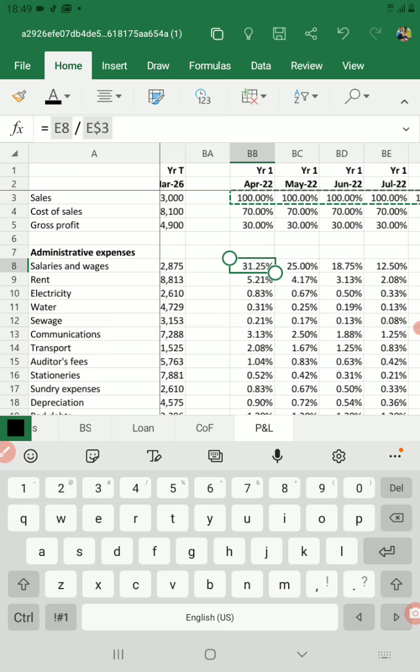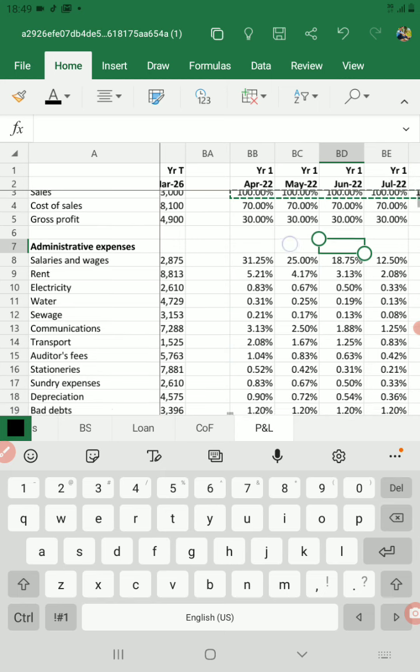So this is the vertical analysis. Or you can do horizontal analysis comparing April and May. So salaries and wages for April is 31.25%, for May is 25%, June is 18%. So this is the horizontal analysis.